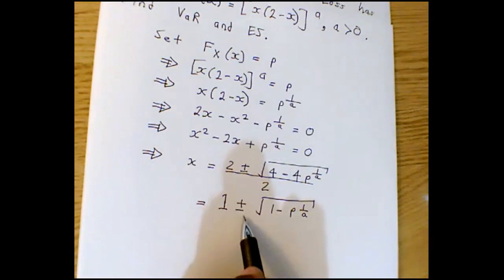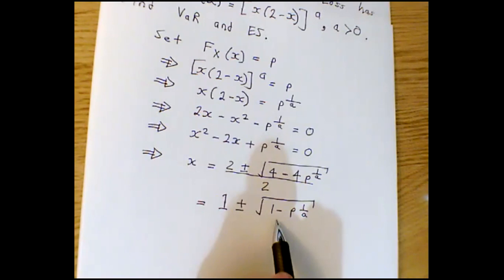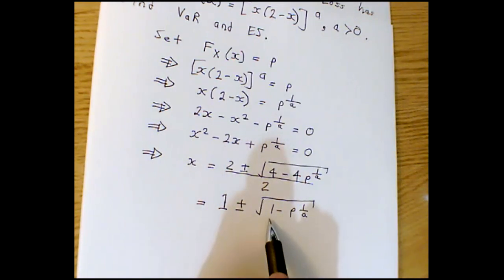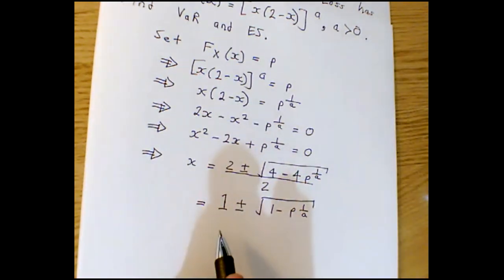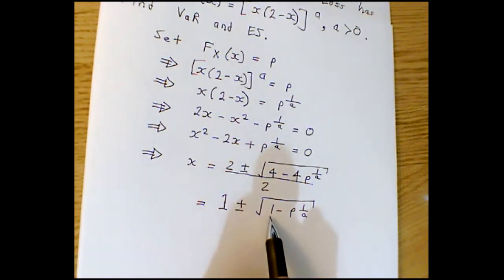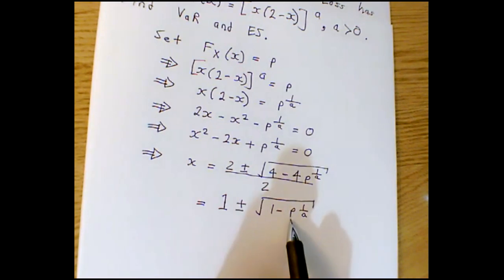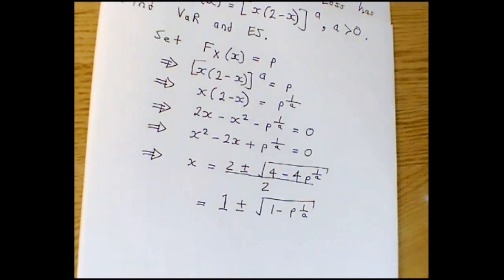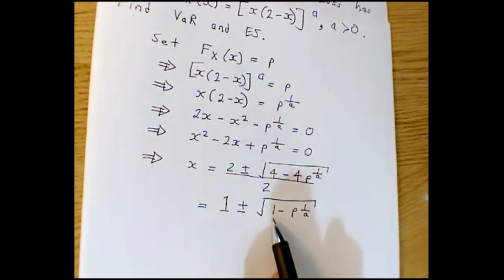I'm not sure, but I think in this case both roots can be valid, because when you have 1 plus 1 minus something, where p is a probability, it depends on the range of x, guys. So depending on what range x takes.